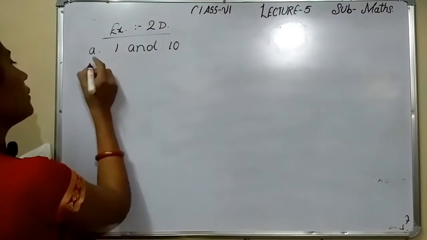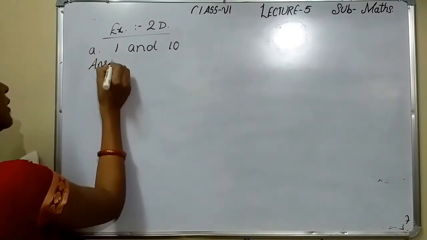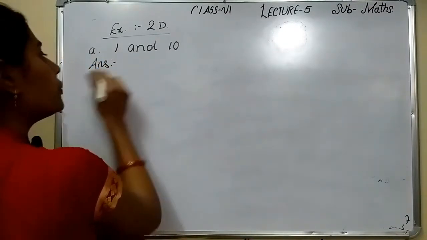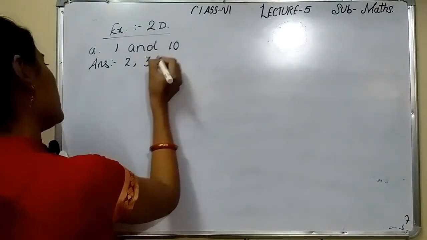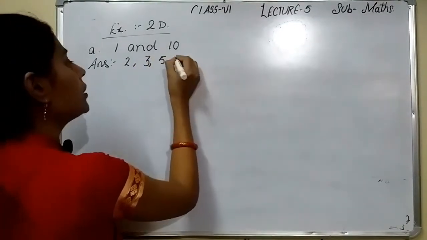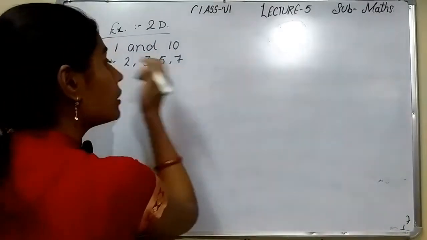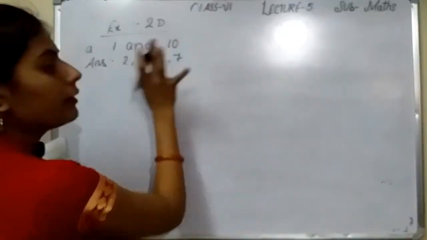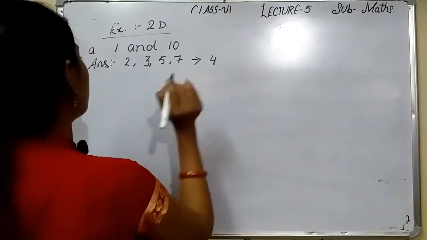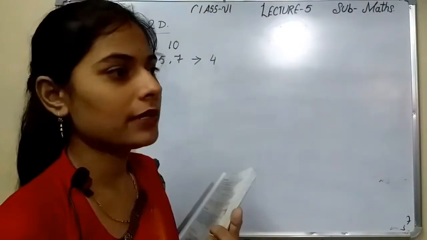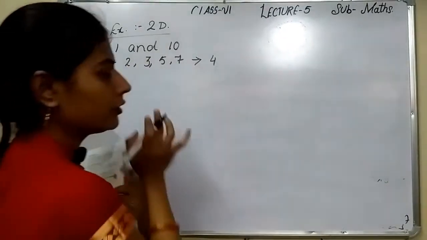Answer: 2, 3, 5, 7. Four prime numbers exist in between 1 and 10.